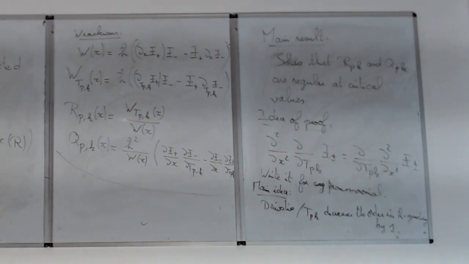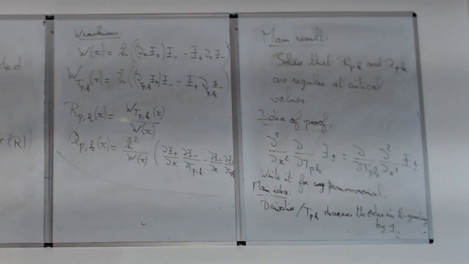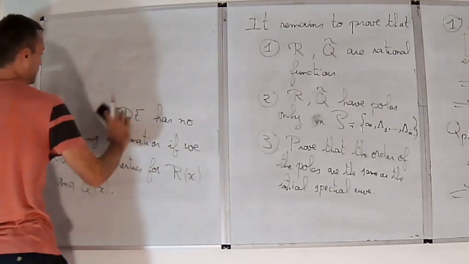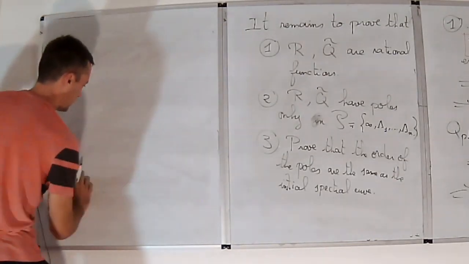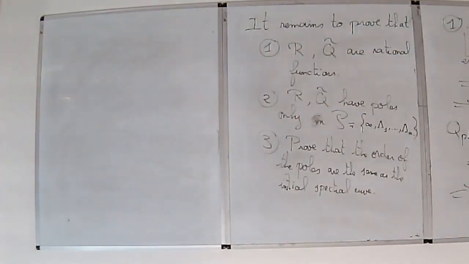So I'd like to finish this part. So if you assume this, then the rest is quite easy. So if you have it for RPK and QPK, then it's pretty obvious to get the rest. Okay.